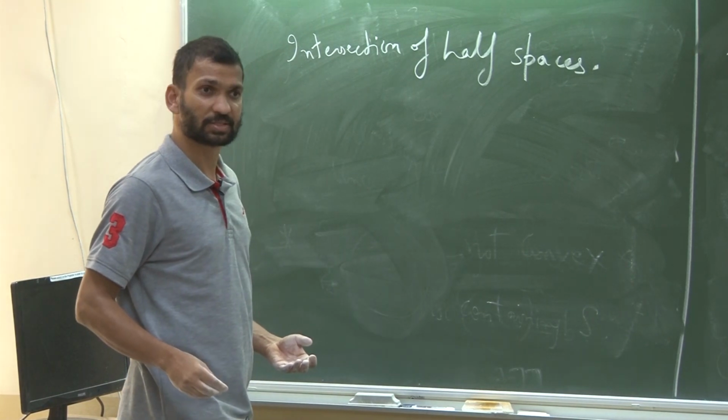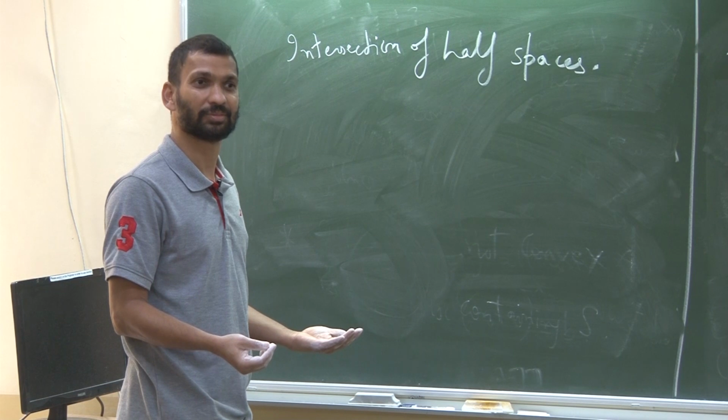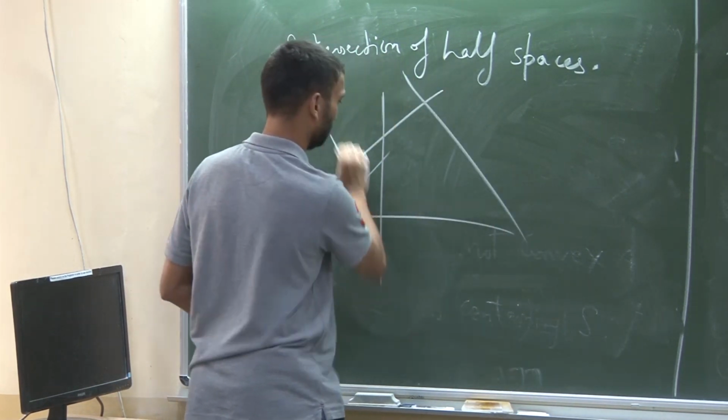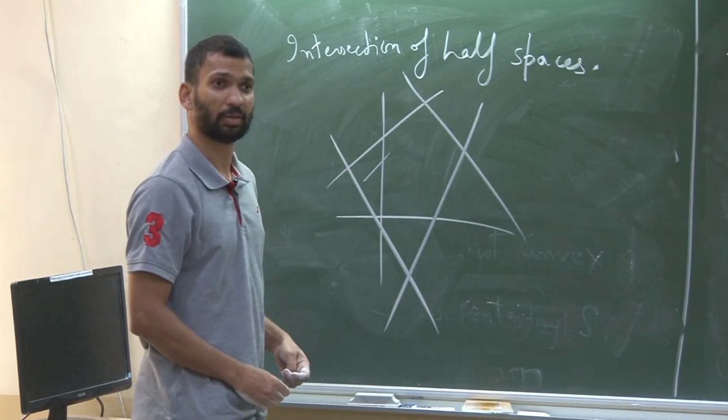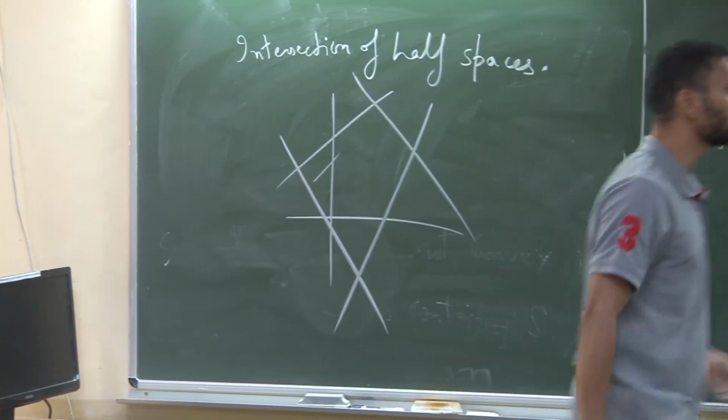And now, if I take intersection of half spaces, I start getting polygons. How do I get it? I need more colors.